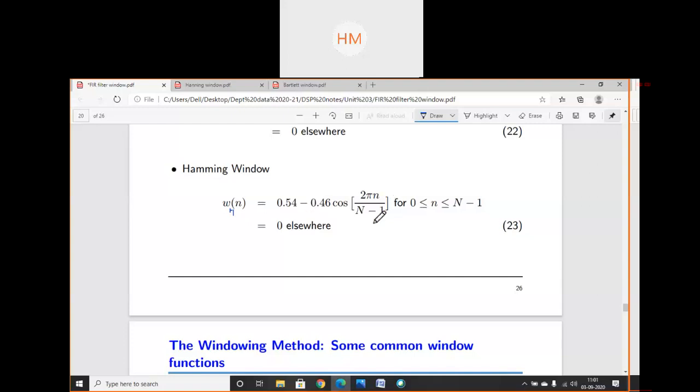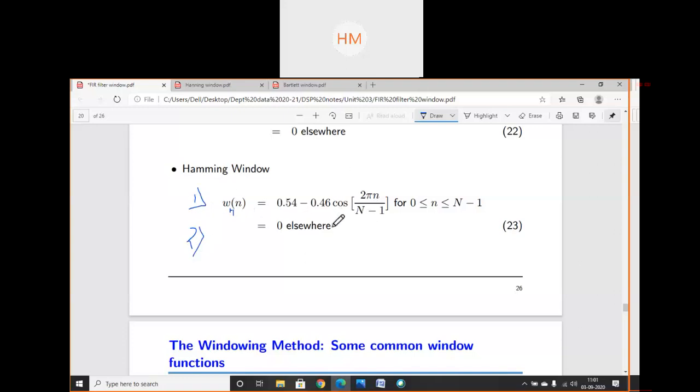Now write down the non-causal Hamming window function. This will be my first Hamming window. The second Hamming window function is for non-causal systems. This is for causal systems.